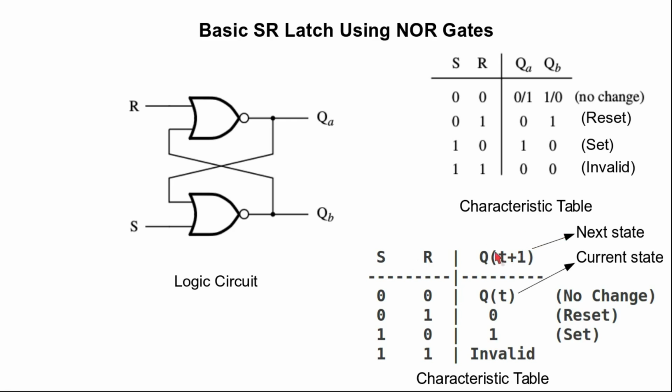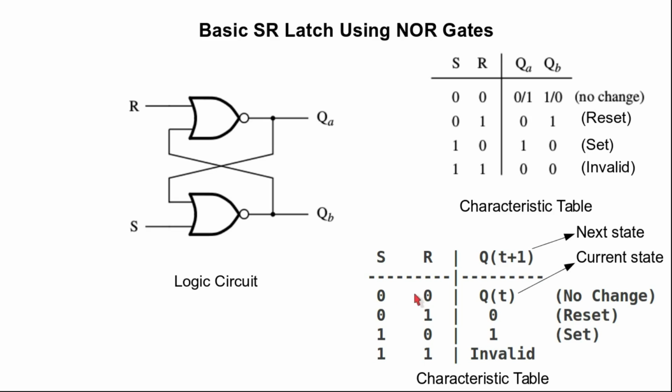So Qt plus 1 will tell you what the value of QA is at time t plus 1. That is the next state, and Qt is our current state. So at time t, what is the value of QA? That we call Qt, and we call it the current state.